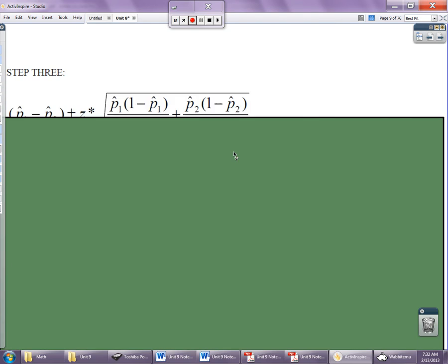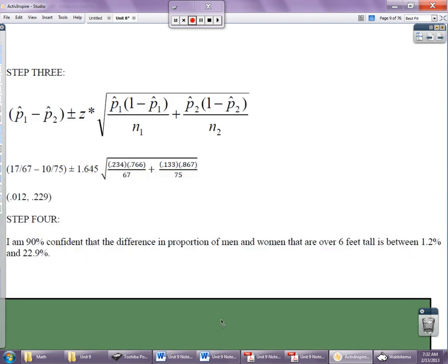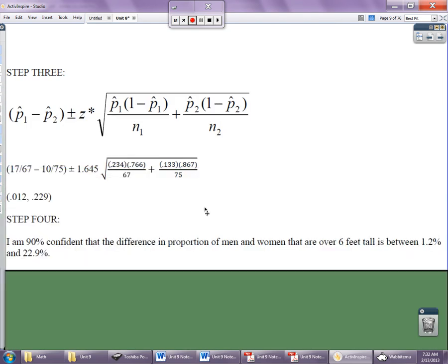In step 3, again, you're going to see the same formula. Plug in all your numbers in appropriate places, calculate your interval, and then state your conclusion. Okay, so go ahead and pause or rewind as you need to finish up taking these notes down for example 2.